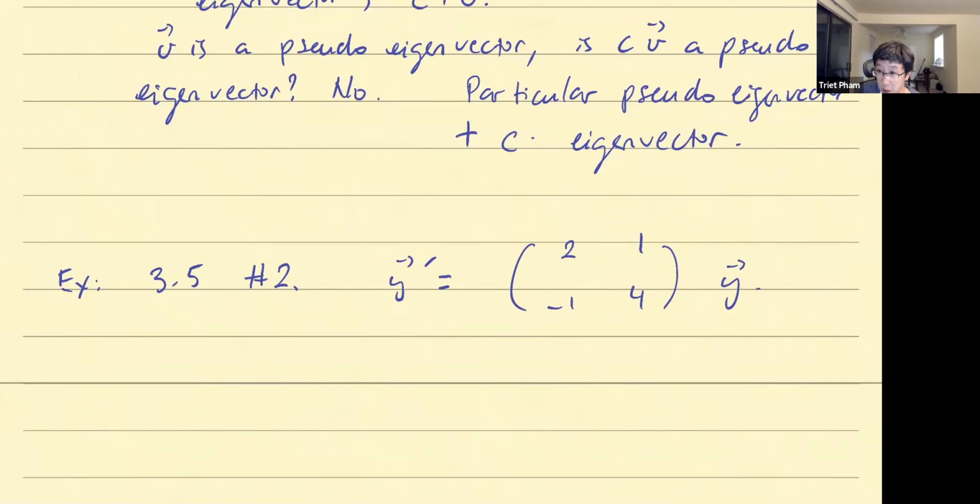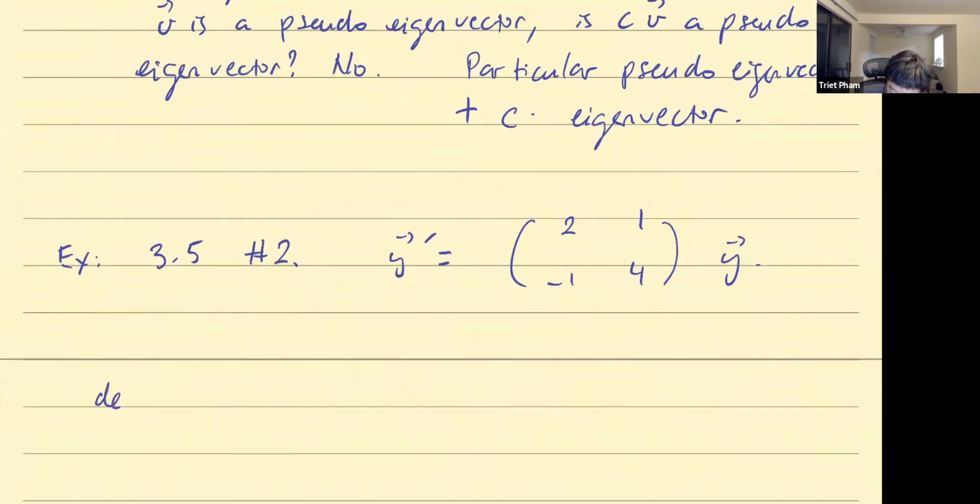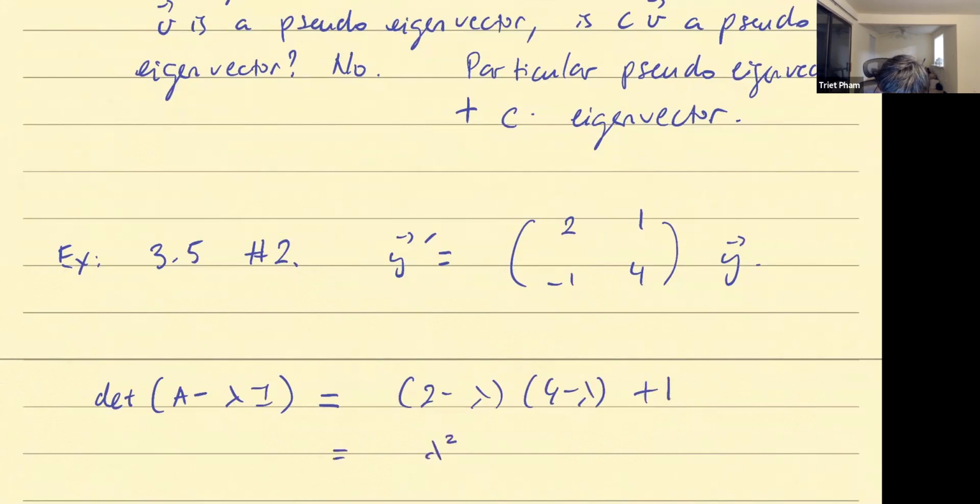This is not partially decoupled either. So what is the determinant of A minus lambda I? It will be (2 minus lambda)(4 minus lambda) plus 1. So that's lambda squared minus 6 lambda plus 9 equals 0.